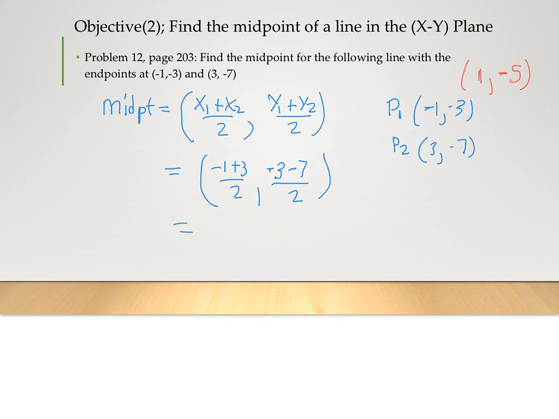And so now I get 2 over 2, and I get negative 10 over 2. And so now I just have the point 1, negative 5. So there's our answer. So this concludes our objectives for section 2.1.